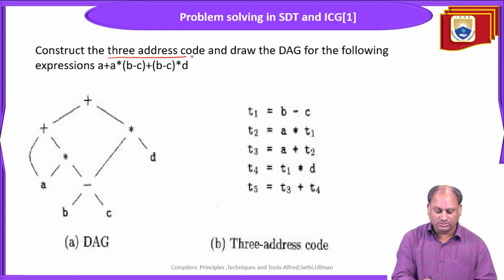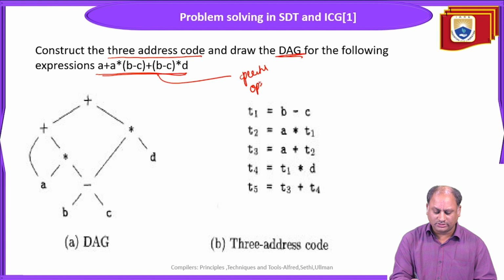How is 3-address code generated, and draw the directed acyclic graph with the expression a plus this one. This is the expression. But this expression contains operators and operands. How many operators and how many operands?